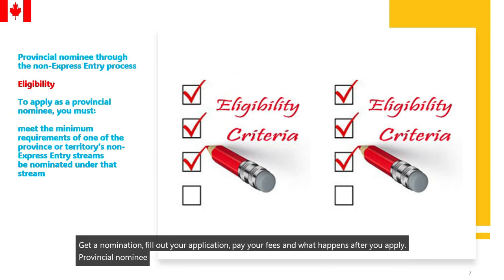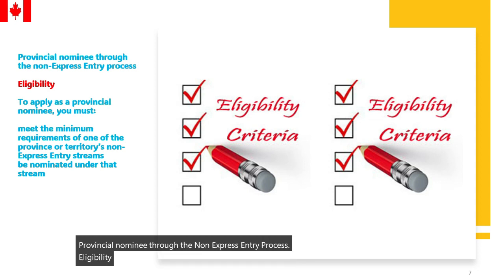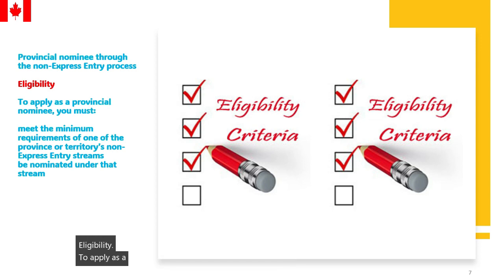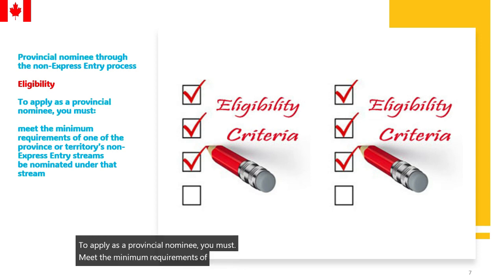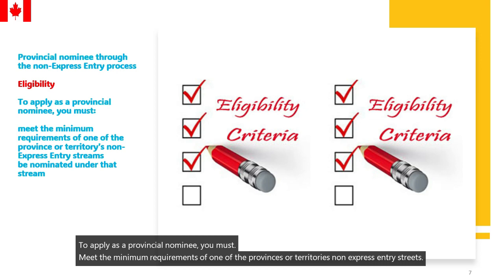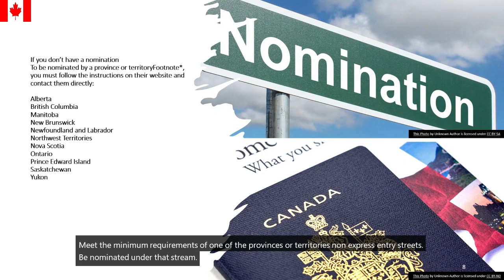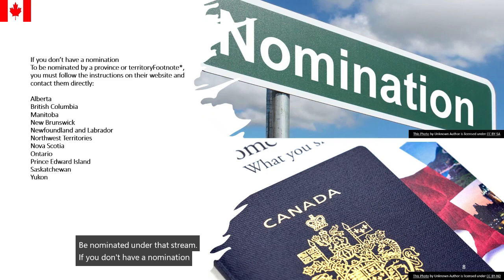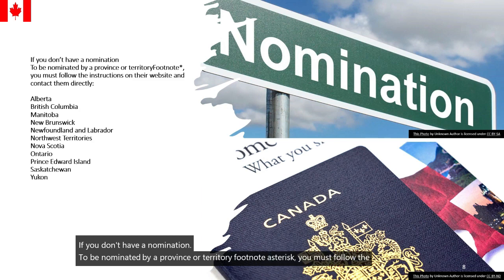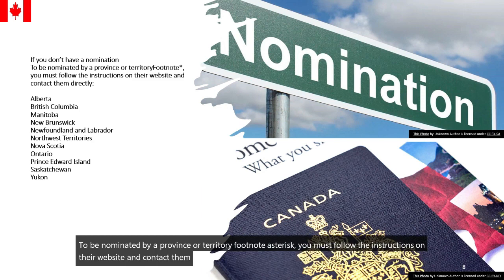Provincial nominee through the non-express entry process. Eligibility. To apply as a provincial nominee, you must meet the minimum requirements of one of the province or territory's non-express entry streams, and be nominated under that stream. If you don't have a nomination, to be nominated by a province or territory, you must follow the instructions on their website and contact them directly.